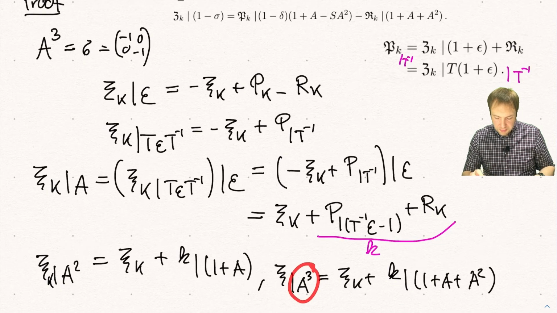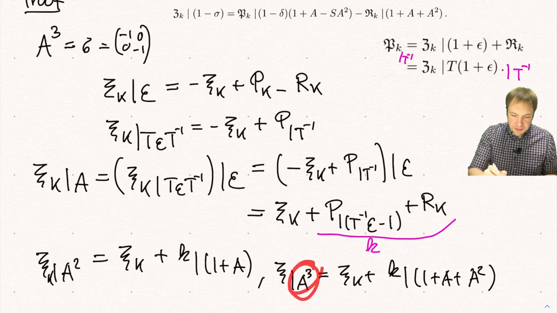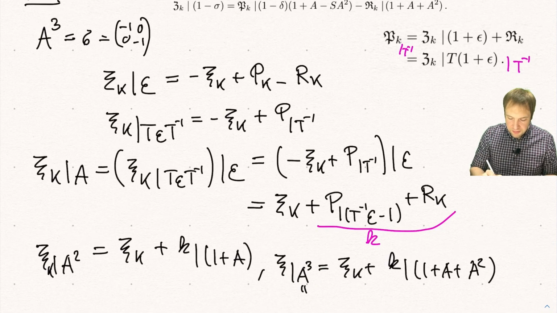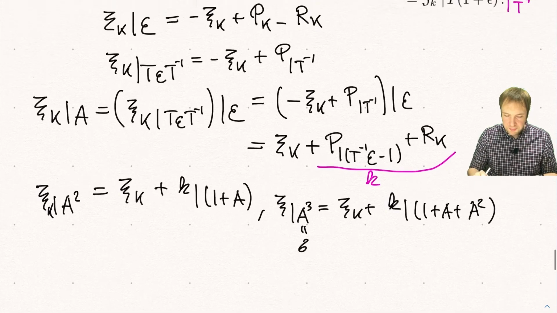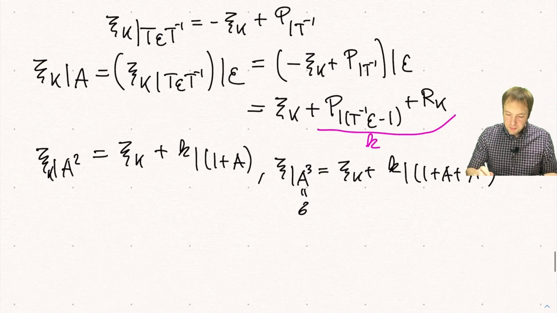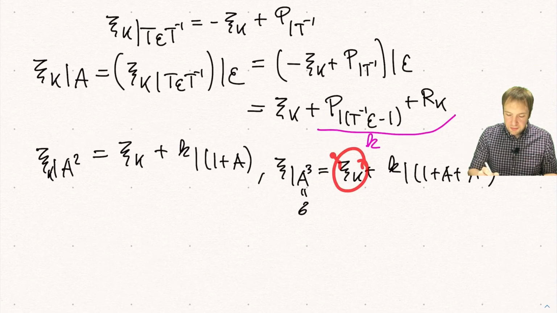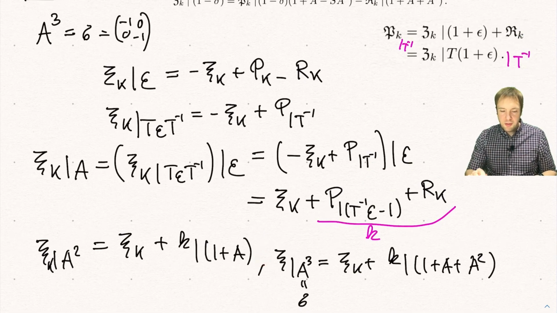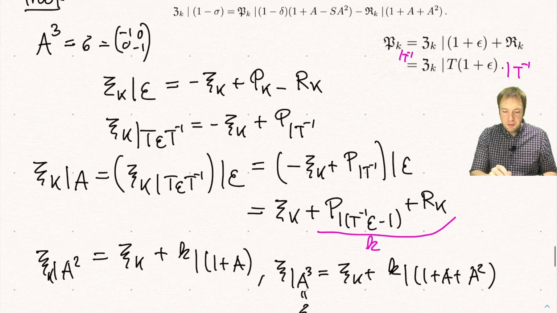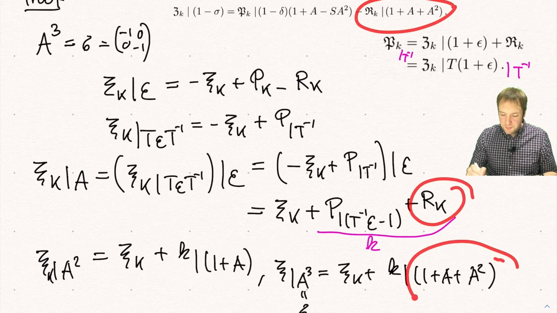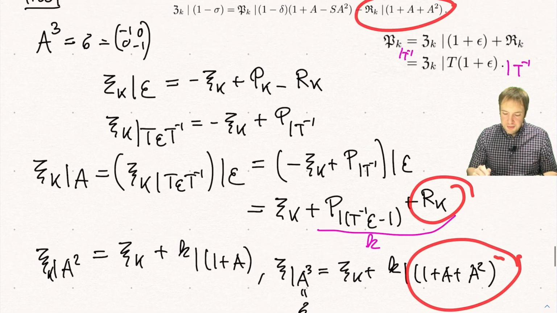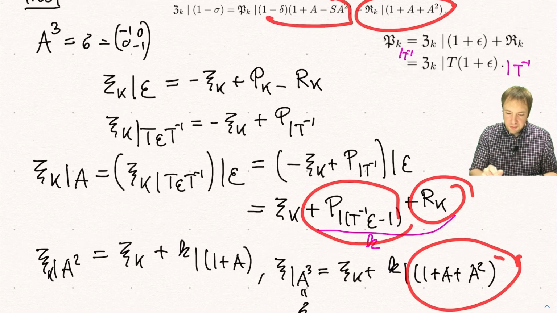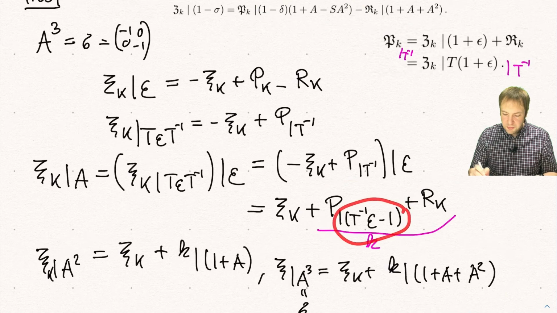And here, first again, the observation is that A cube is sigma. So therefore, if I bring zk on the other side, I have a sigma minus 1. So if I multiply it by minus 1, I have the left-hand side here. And here this rk comes from this there. And here, we need to let this act on this.